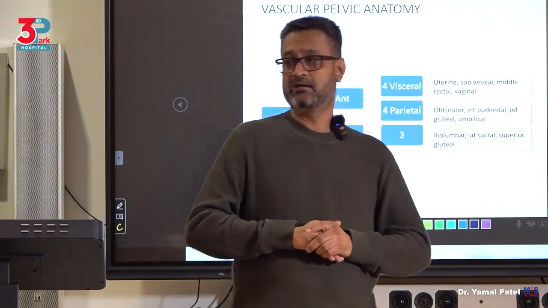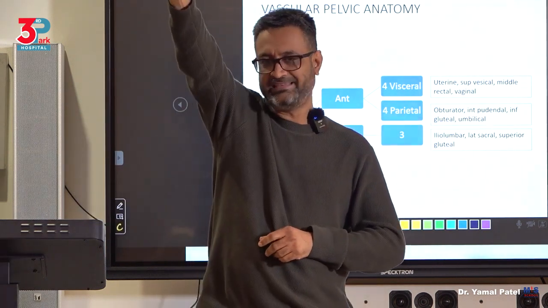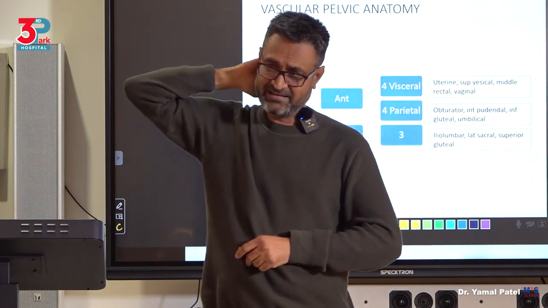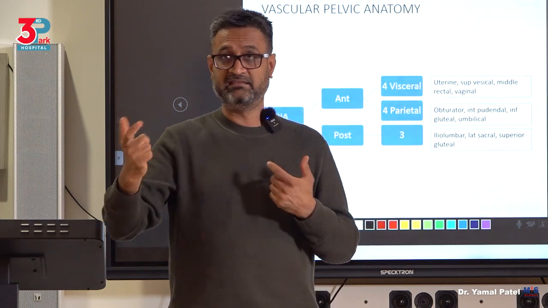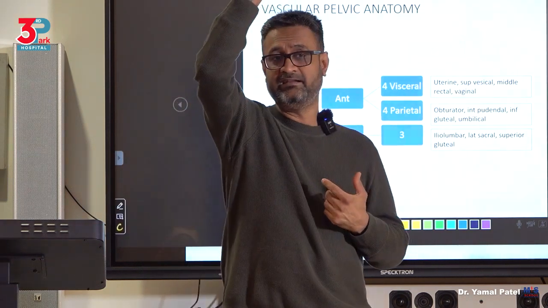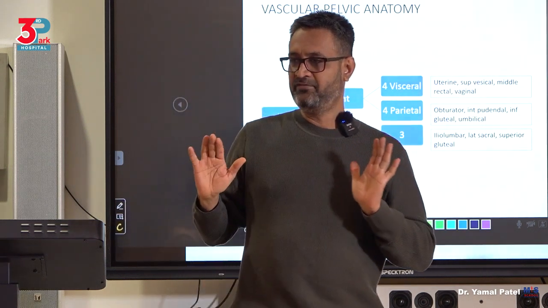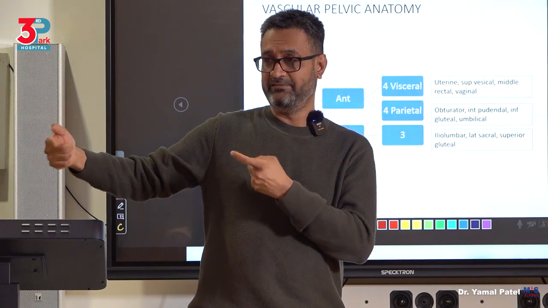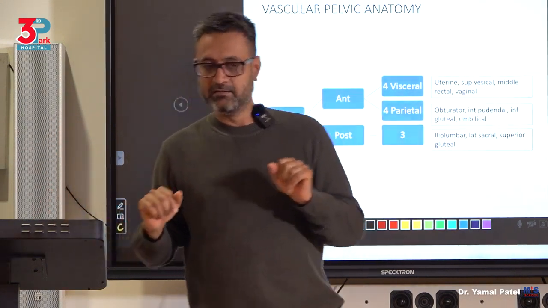The external iliac, good for us, runs on the lateral pelvic wall and goes out, and just before its exit and its conversion into the femoral artery, it will give up some branches. The most important one for us is the one that comes up on the anterior abdominal wall, which is called the inferior epigastric. But apart from that, there is no branch of importance to us in the pelvis from the external iliac. So we are safe there.